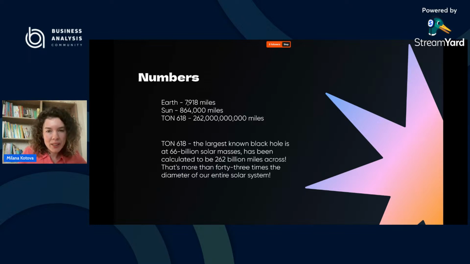But if we go to numbers, one of the largest black holes, Ton 618, the largest known, is at 66 billion star masses, and it has been calculated to be 262 billion miles across. That's more than 43 times the diameter of our entire solar system. Impressive, right? But you know, those are just numbers.